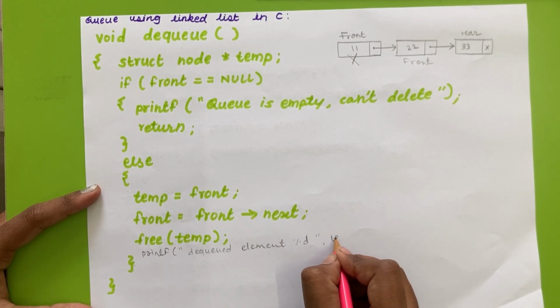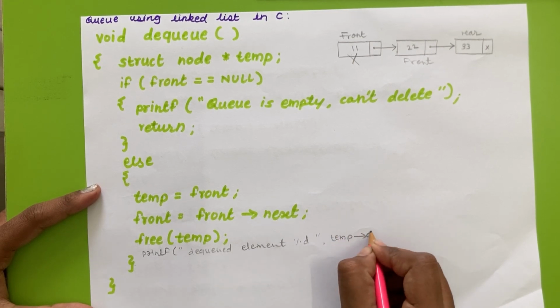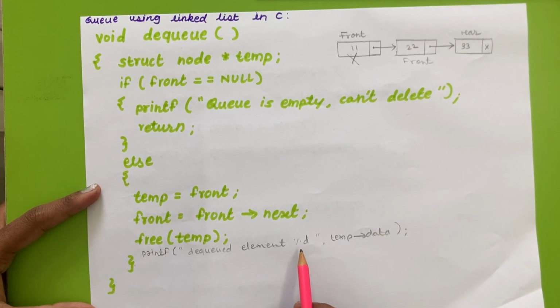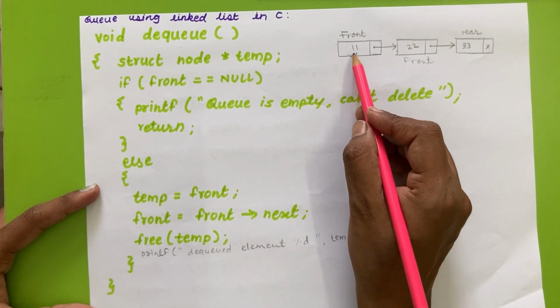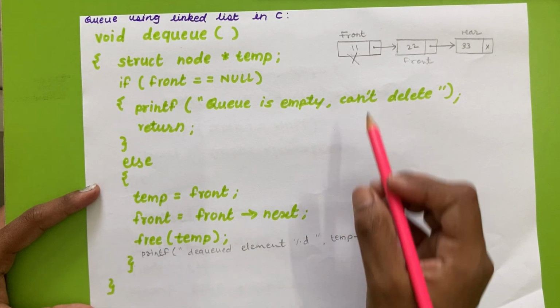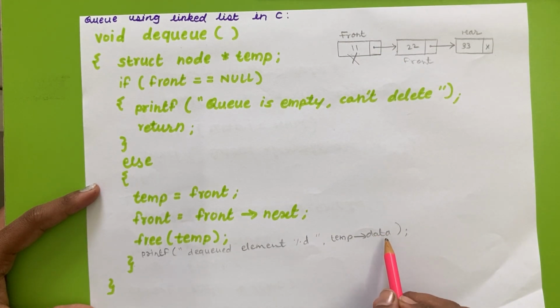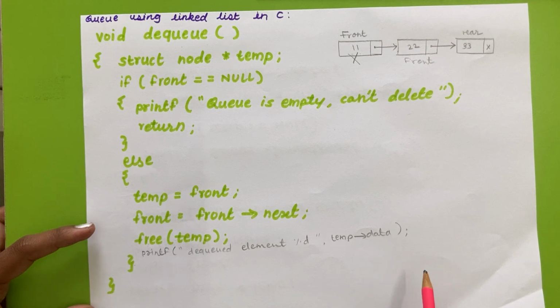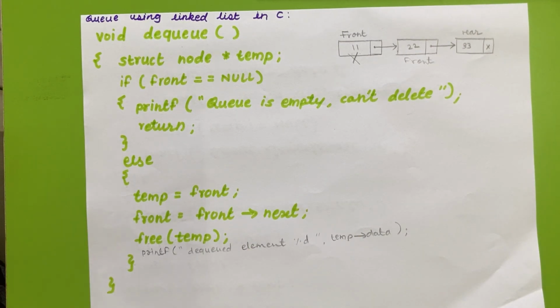Here you have to print temp arrow data. Okay, so instead of this %d it will print 11, because the temp node contains 11 value in its data part. So you can also print this statement over here. Okay, so this completed the function call for the Dequeue operation.